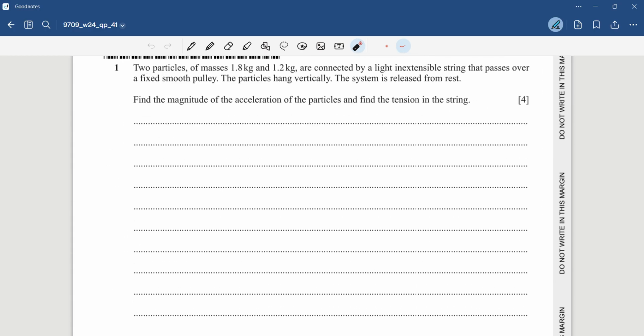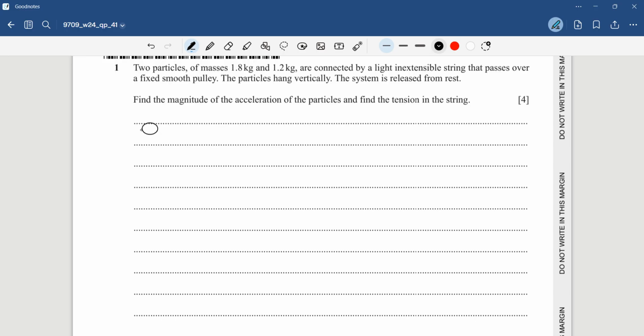For question number 1, two particles of mass 1.8 kg and 1.2 kg are connected by a light inextensible string that passes through a smooth pulley. The particles hang vertically. So first, we just draw a simple diagram.